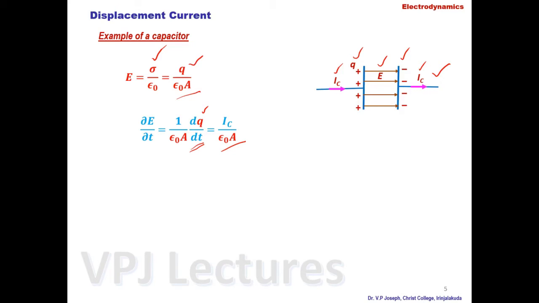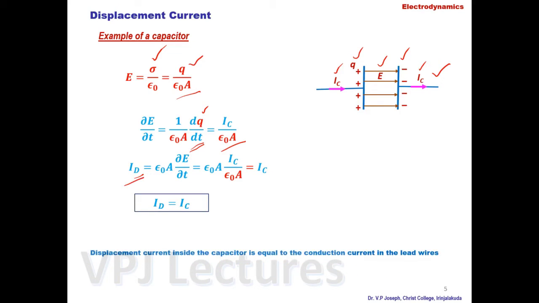Now substituting this value in the expression for ID. ID is equal to ε0 A ∂E/∂t. So inside the capacitor, if there is no dielectric present, it is called ε0; otherwise, we have to substitute ε. So it is ε0 A into ∂E/∂t. Instead of ∂E/∂t, we are substituting IC/(ε0 A).